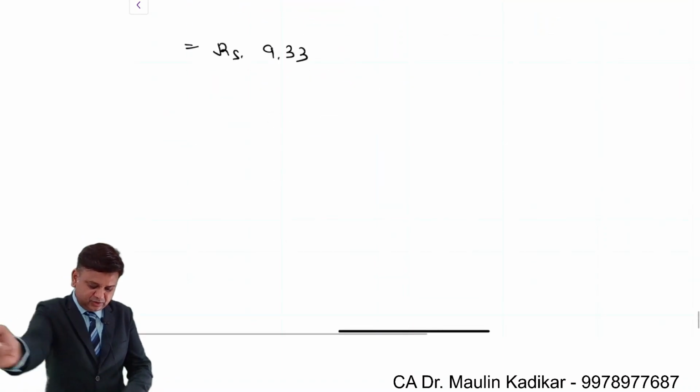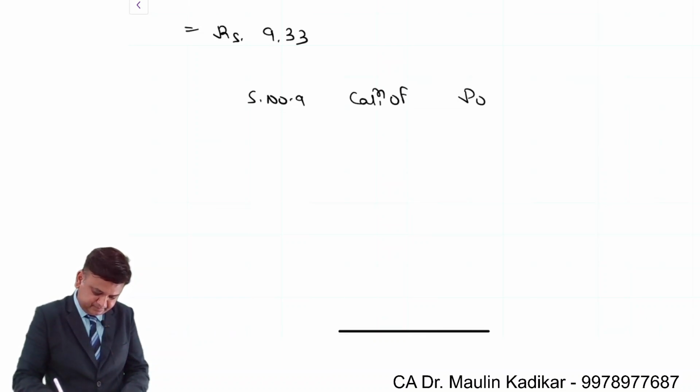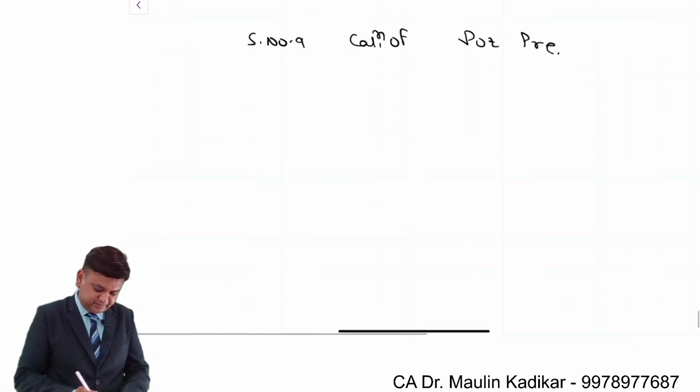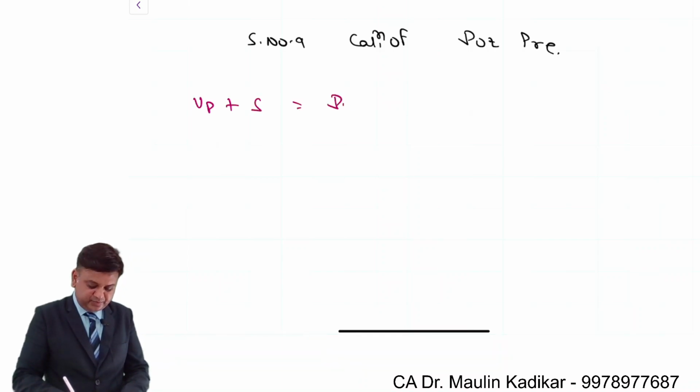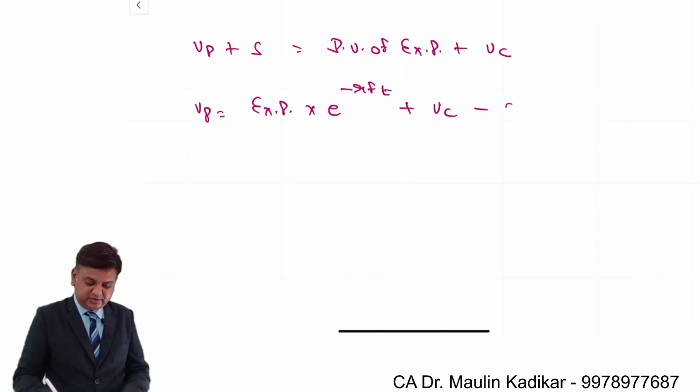Now after making calculation of call premium, step number 9 is calculation of put premium. For put premium, it is like this. Value of put plus spot is equal to present value of exercise price plus value of call. So it is exercise price into e raised to negative RF into T plus value of call minus spot.